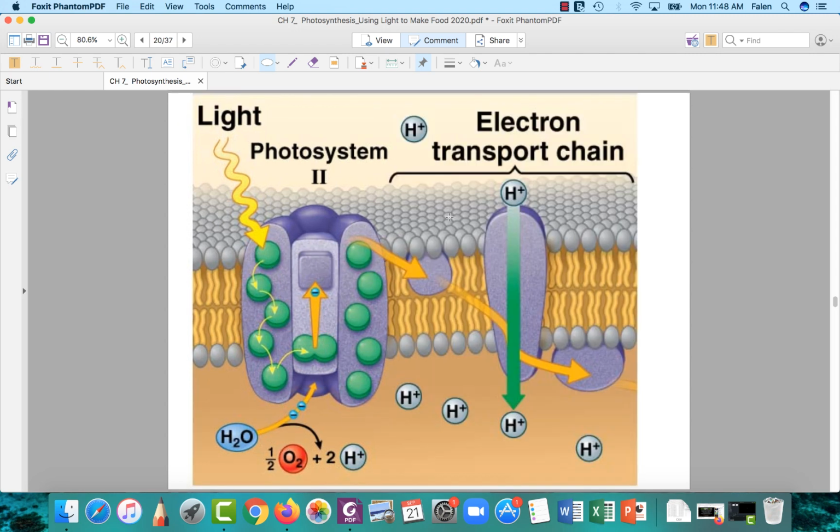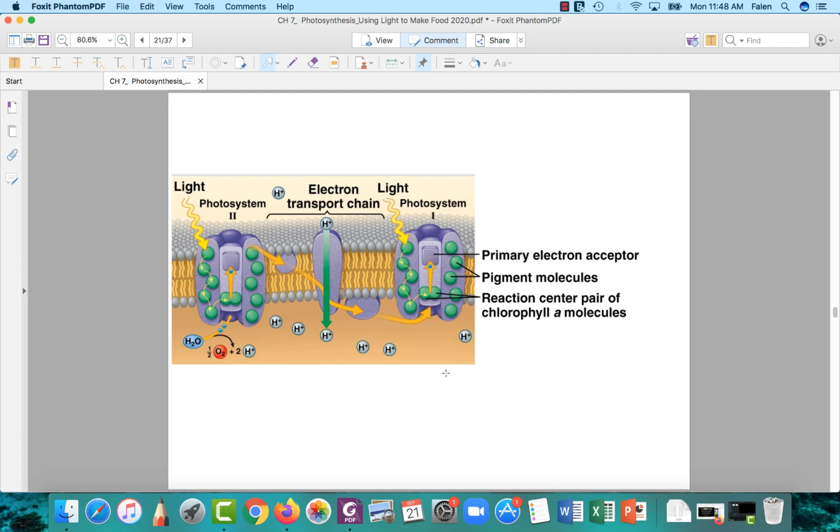Okay, those electrons will be passed from photosystem 2 down the electron transport chain, causing hydrogen ions to be pumped across the thylakoid membrane into the thylakoid space. And then those electrons will be passed where?